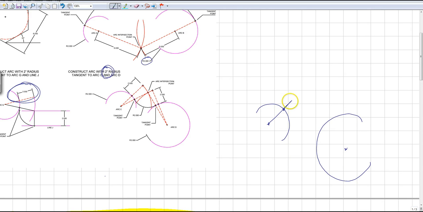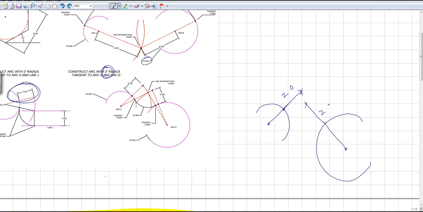And from this distance, I'm going to go how much? I'm going to go 2.0, right? I would do the same thing on this side as well, and from here I would go 2.0.